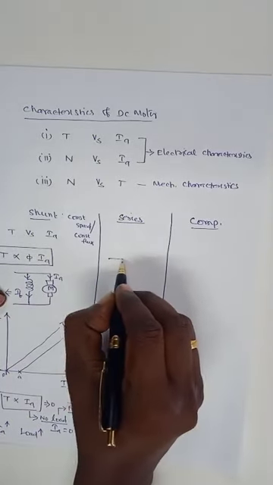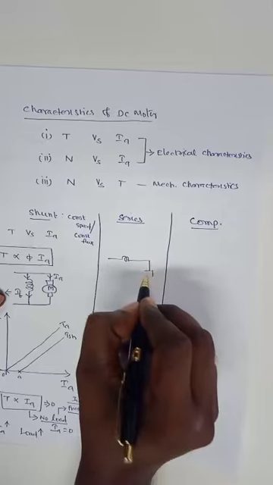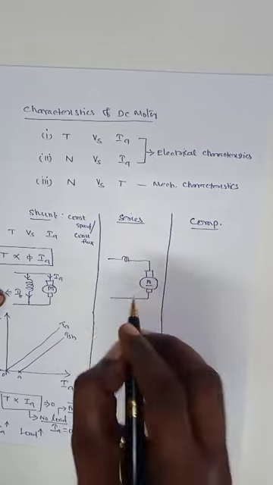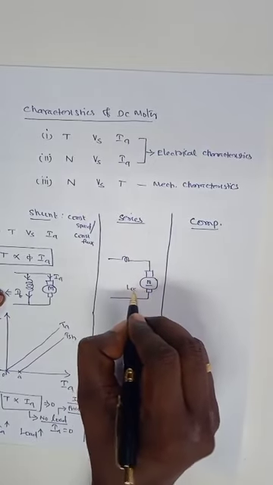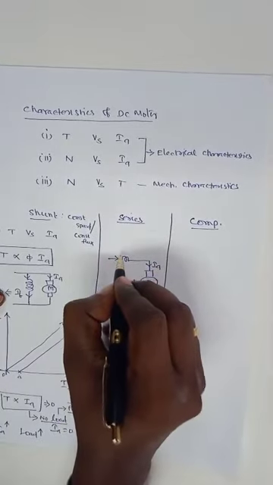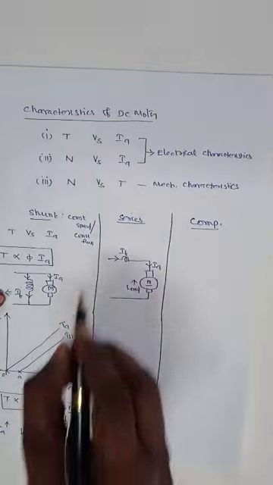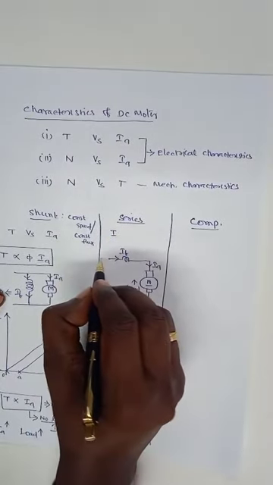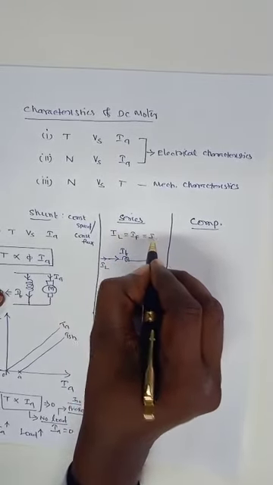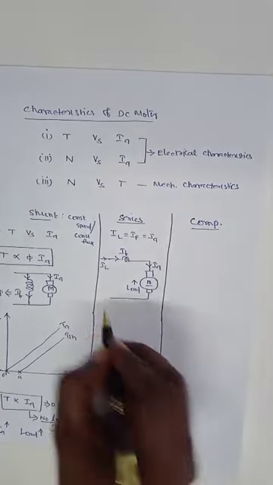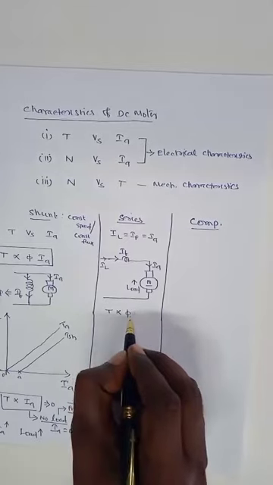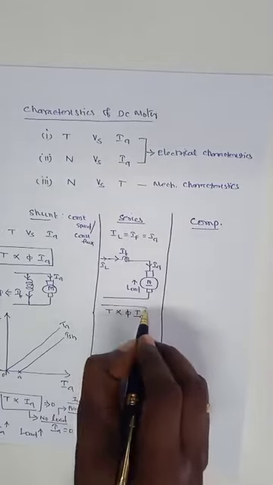Next, in the series motor, when load increases, the Ia increases and the field current also increases, because the line current, field current and armature current are the same. As per the basic torque equation, torque is proportional to phi Ia.